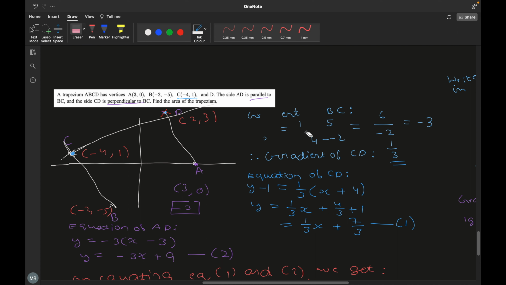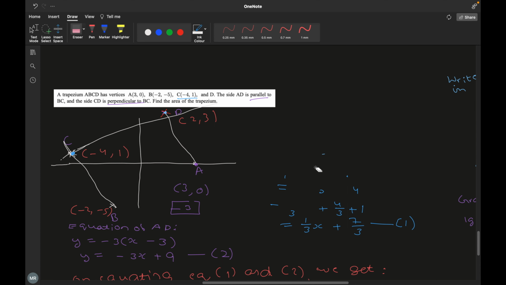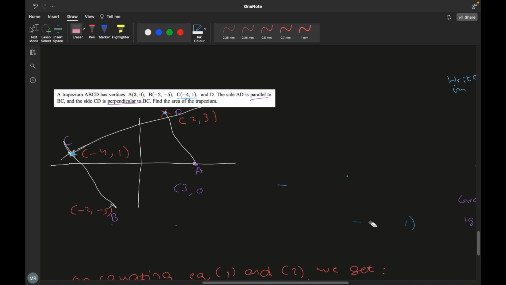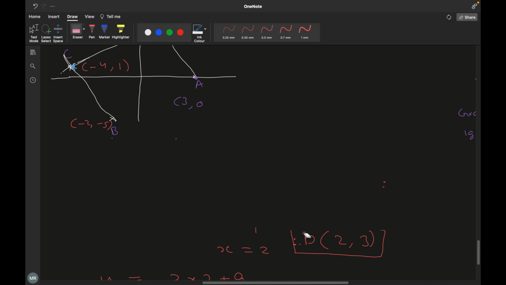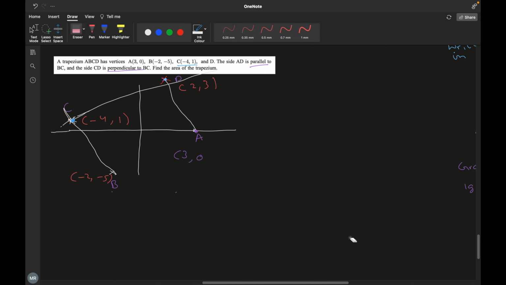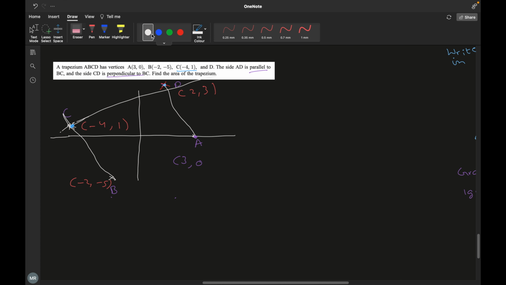Let me erase all these because we don't really need it. Now let's draw a more accurate version of the trapezium so we can calculate the area.